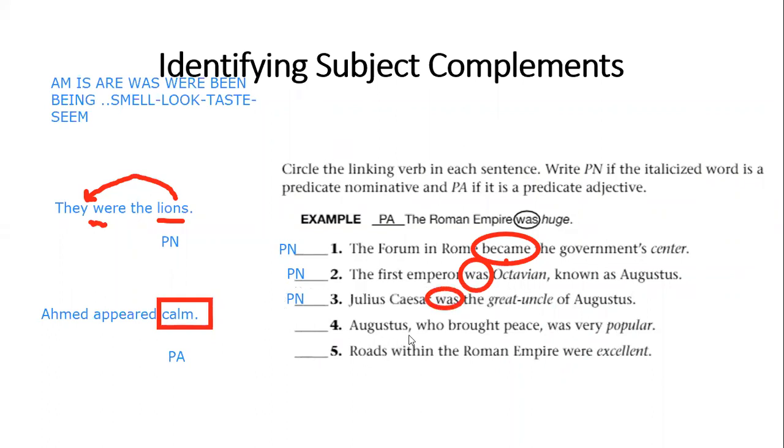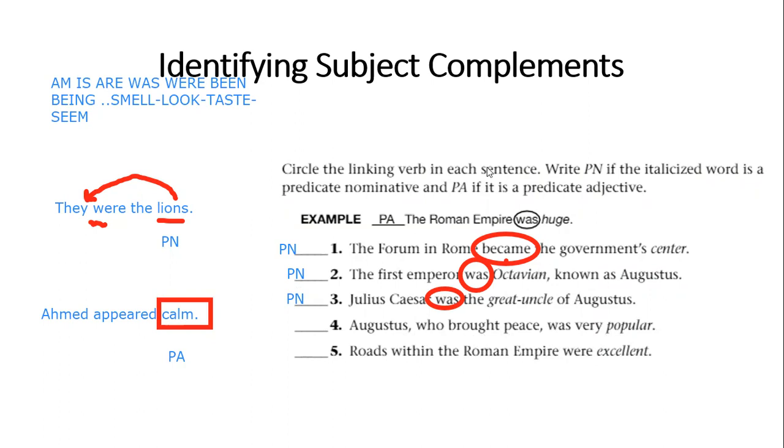Predicate nominative. Augustus, who brought peace, was very what? Popular. This is number 4. Actually, the sentence is supposed to be Augustus was very what? Popular. This is the sentence before it's connected. Okay. So I'm gonna choose here the linking verb.